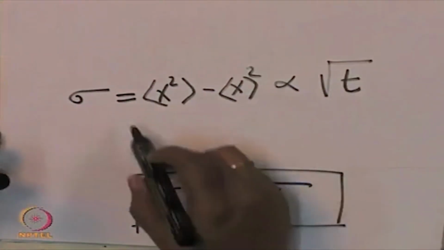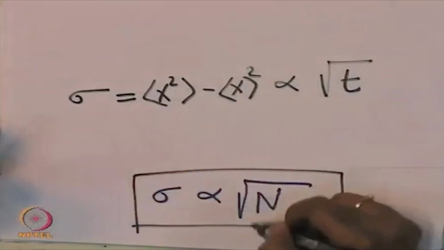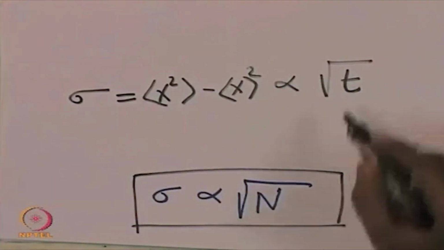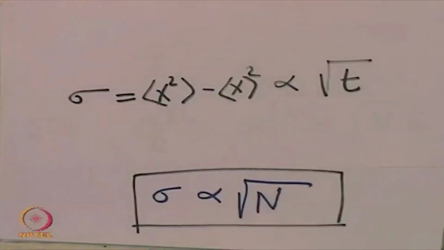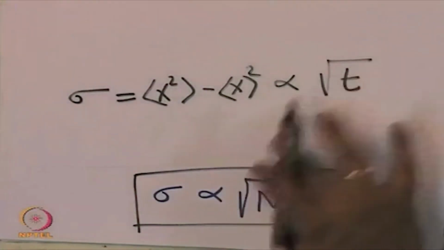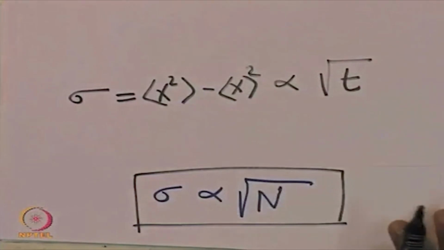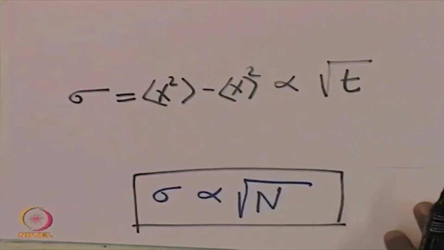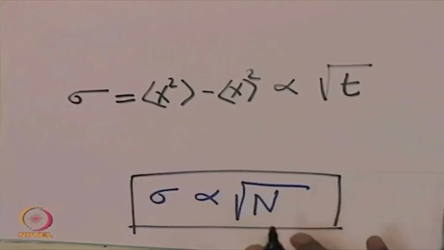Here, in a similar way, sigma is proportional to square root of n. Here it is time, and here it is number of monomers. There is some relation between this and this. We will discuss this, but this is an interesting property that you should remember, and it has some consequences.